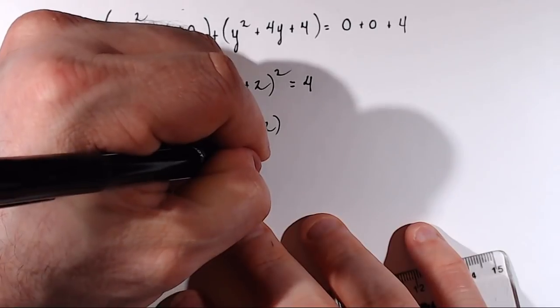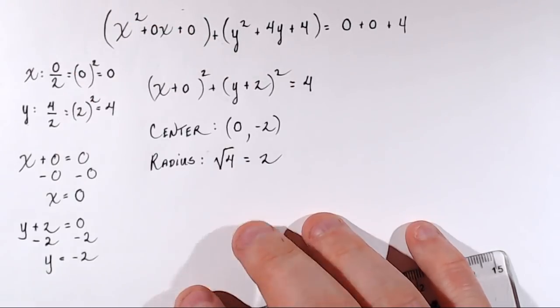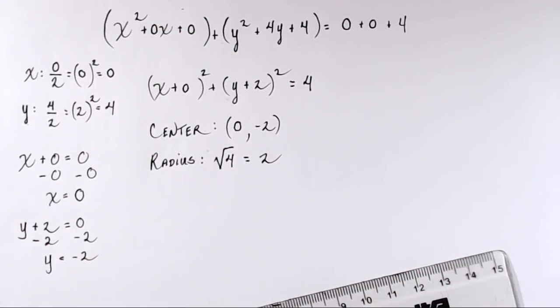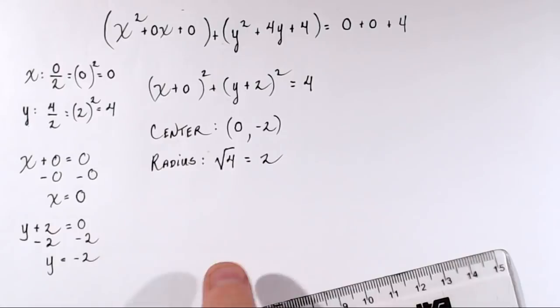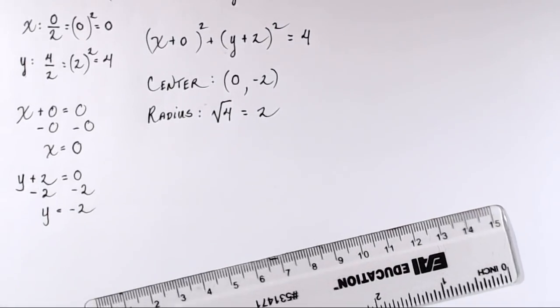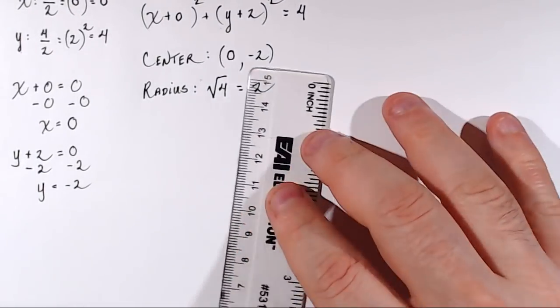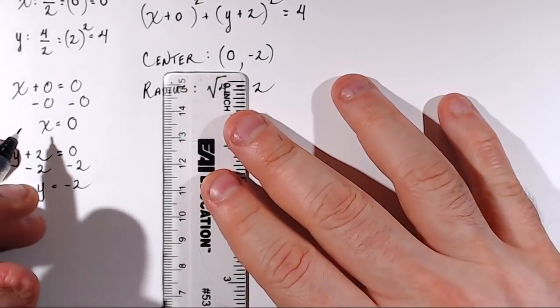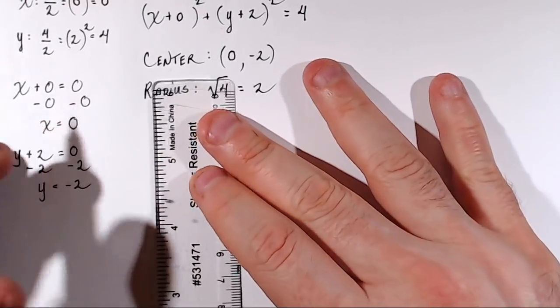So the positive root is 2. Because if you take the square root of 4, you get plus or minus 2. But because we're trying to find the distance, the radius, we just keep that positive root of 2. And now it's time to graph, the most fun part of these problems.